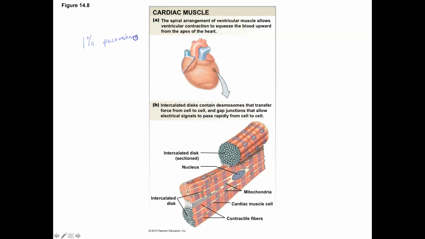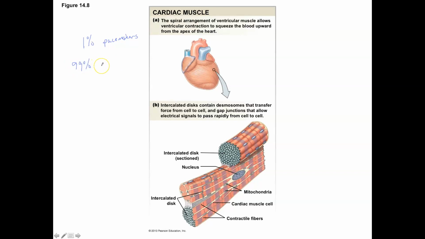And so these 1% of cardiac muscle cells are actually found within specialized areas of the heart, and they send electrical signals throughout the heart without the influence of the central nervous system, and they control the other 99% of the cardiac muscle cells.